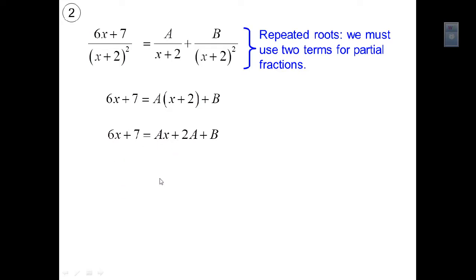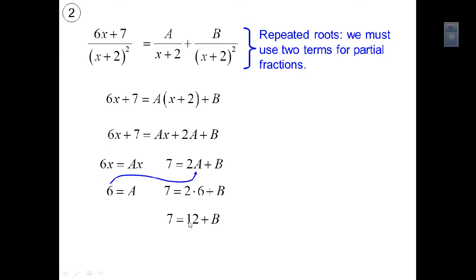And if a has to be 6, and we know that 2a plus b equals 7, then we can solve for b really easy. So while we don't have to know how to solve these for the AP exam, we actually end up finding out that this is kind of easy.